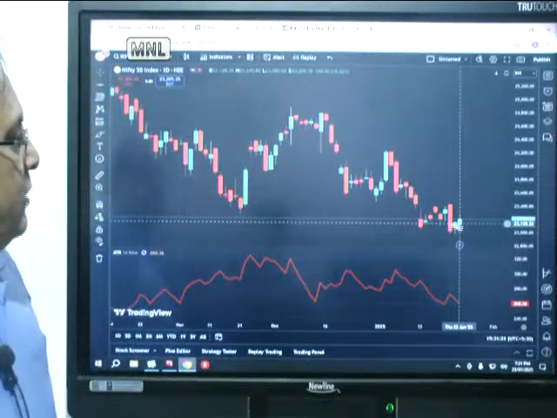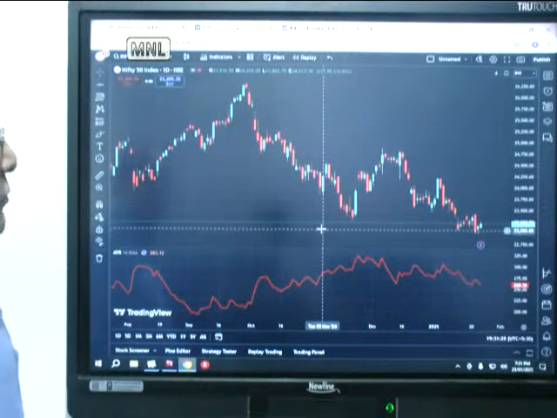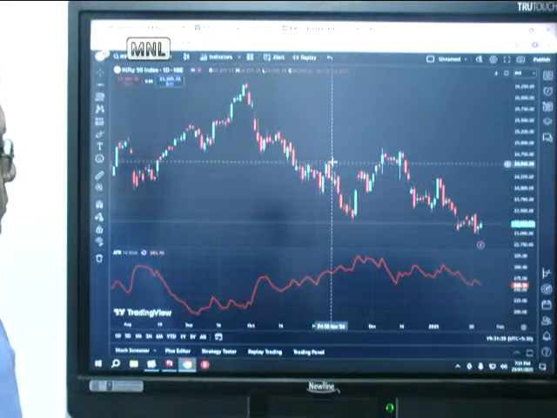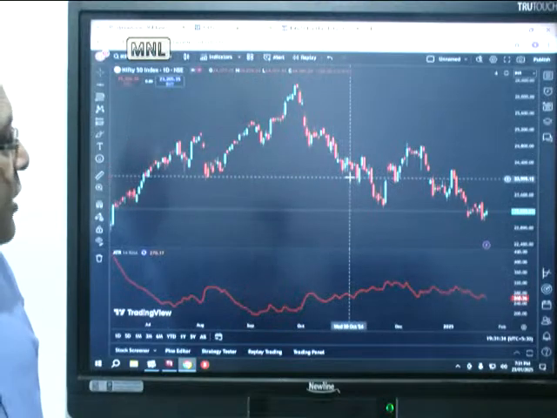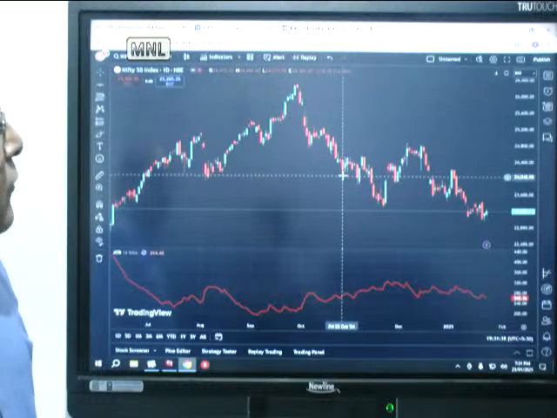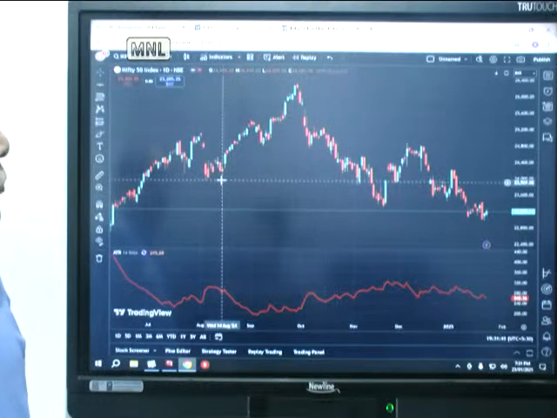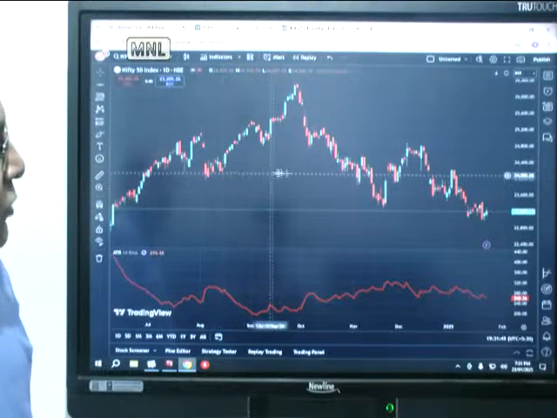Now, same thing if you look at it, so now see here I told you that go to the left hand side of the chart. Now this is the low, right? So this is the low which is 24,070, and look at this low is also 24,099. So it is below this low, right?